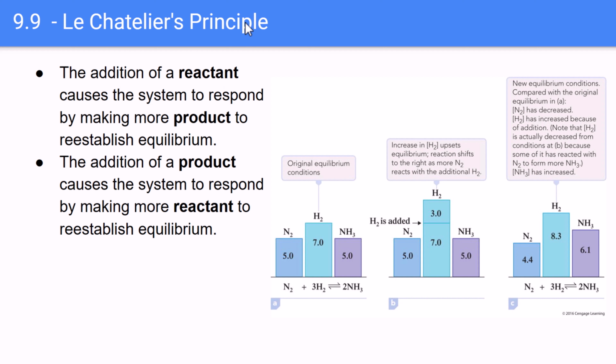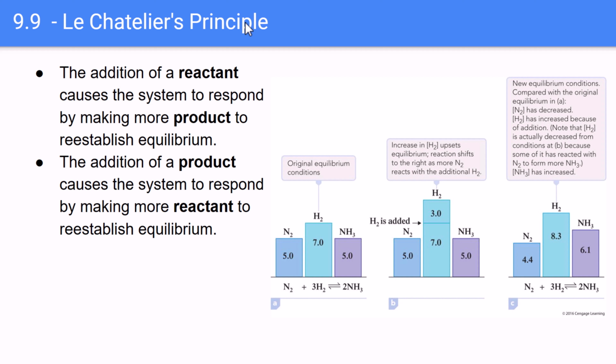The addition of a reactant causes the system to respond by making more product in order to reestablish equilibrium, okay? When you add in more reactant, the system's going to respond to make more product in order to reestablish equilibrium.